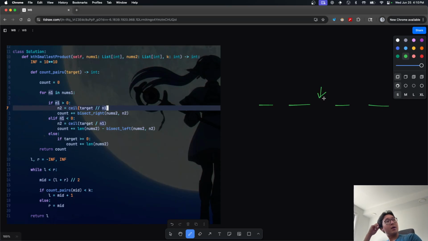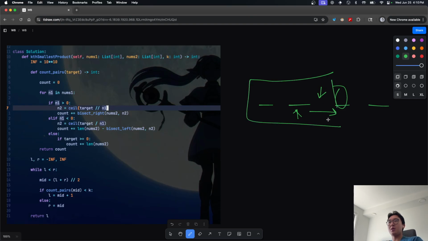But we want the largest element that multiplies by this. So we can't take the ceiling. This is fine because we don't want this, right? We want to do this, but we're going to bisect right.